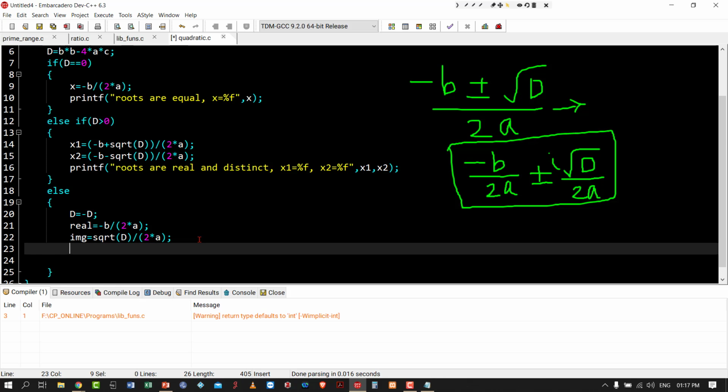Next I am writing printf: "roots are imaginary and distinct".